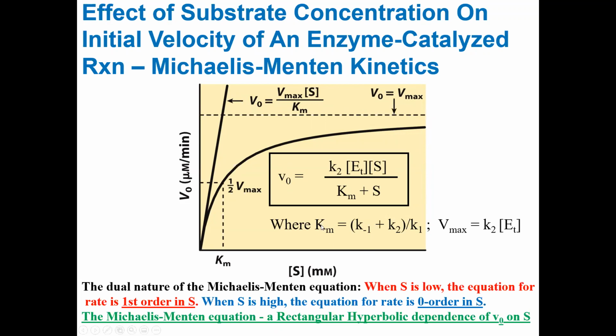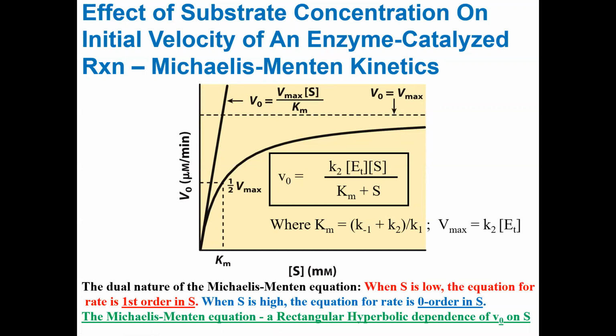So typically students ask how much more and how much less. And I always tell students, Km, let's say, is 5 millimolar, right? If you are using a substrate concentration of 1 millimolar, then you are operating under an S concentration much lower than the Km, at least 5-fold, right?